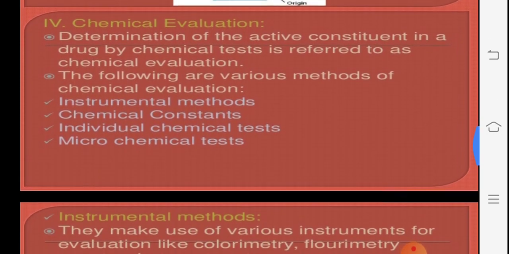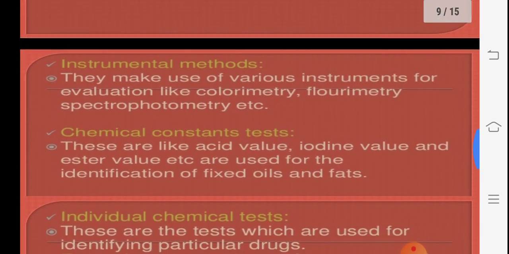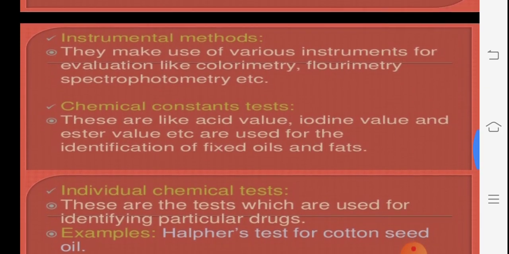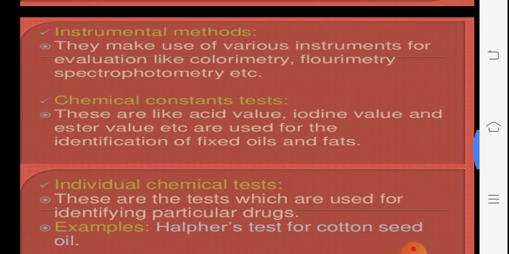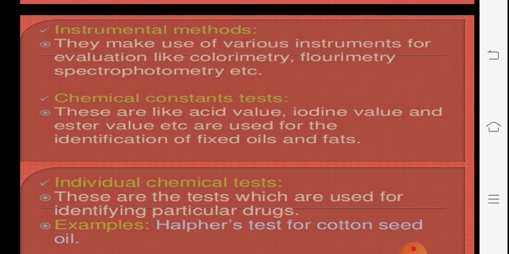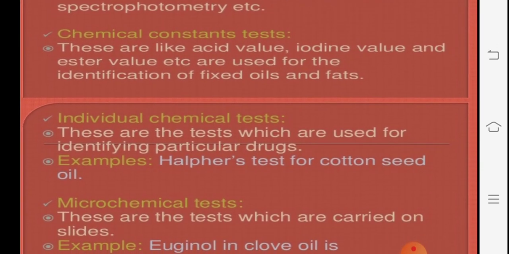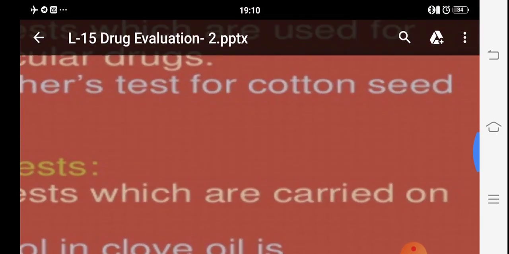Then chemical evaluation determines the active constituents in a drug, which chemicals are present. So chemical constituents, then different tests are there, which make it easier. Different instruments are used for this: colorimetry, fluorometry, spectrophotometry, etc. And these chemical constant tests show values such as the iodine value and the ester value, etc. Right?